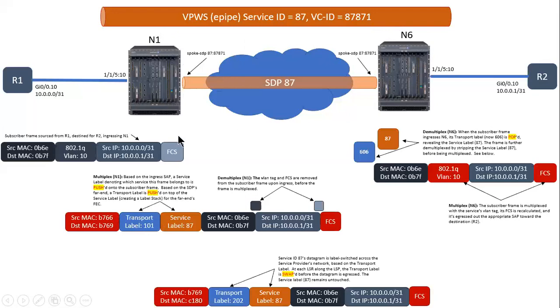So N1's label forwarding information base entry for N6's forwarding equivalence class, its system address of 6.6.6.6/32, is the egress label 101 with a push operation. So we have our label stack. And of course, after that, the frame check sequence is calculated and the frame is egressed based on this label's egress interface.